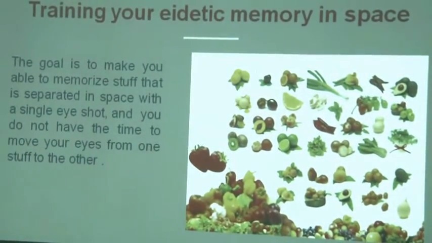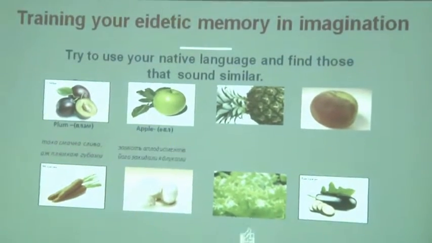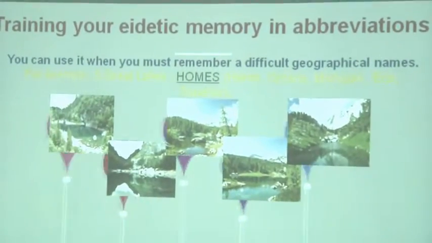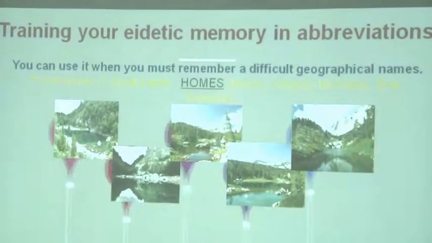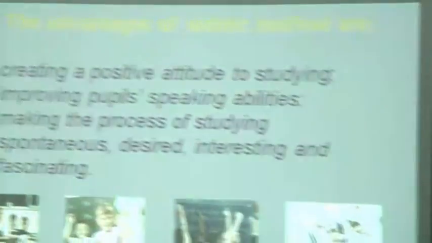The other method is training your eidetic memory in imagination. I should mention that my pupils just adore this method. Why? Because they can use their imagination and their native language to find a similarity with the words.